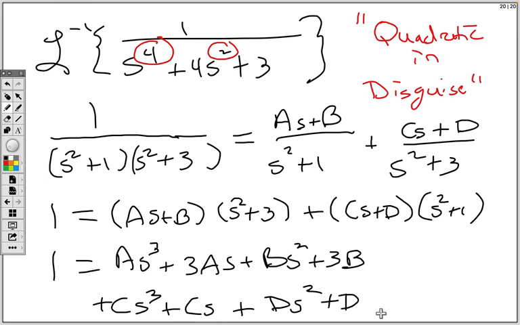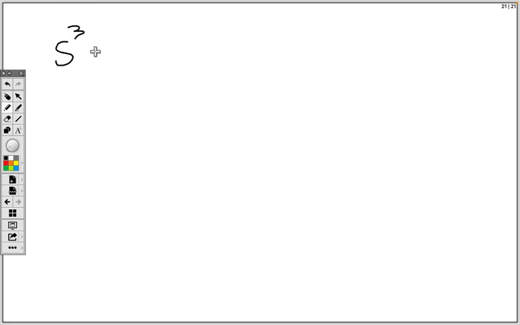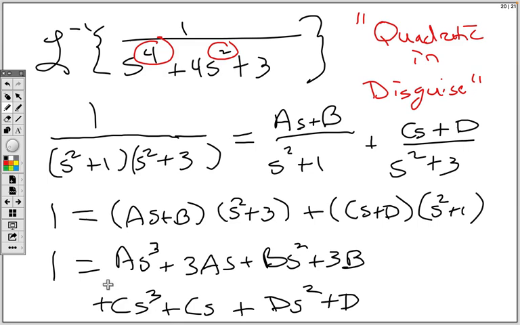So we start off with the highest power of s up here. That's going to be s cubed. On the left-hand side, you got no s cubes. How many s cubes would we get on the right-hand side? Well, there's two terms with s cubes, but there'd be a plus c of them.